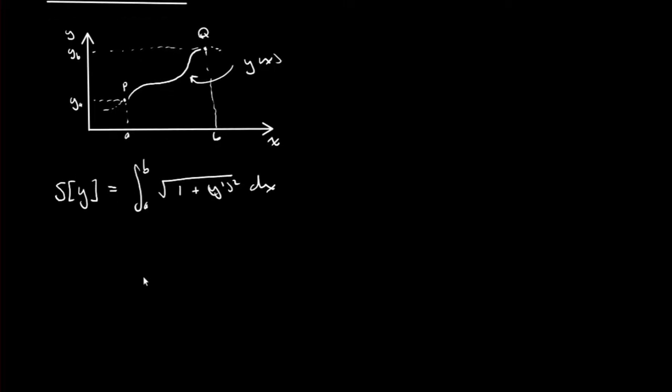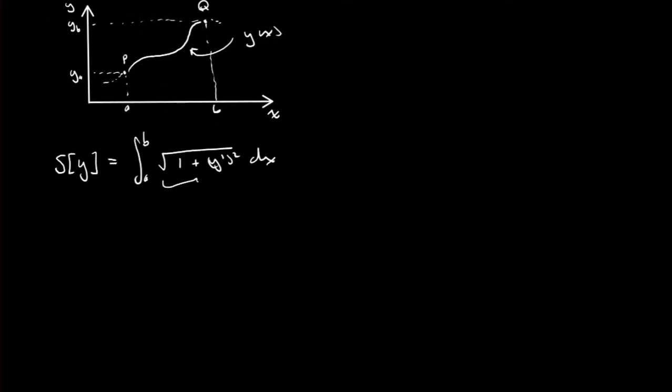And of course, this thing here is our f, a function of y, y prime, and x. And this is what's going to appear in the Euler-Lagrange equation. Well, without further ado, let's go on and solve the problem.